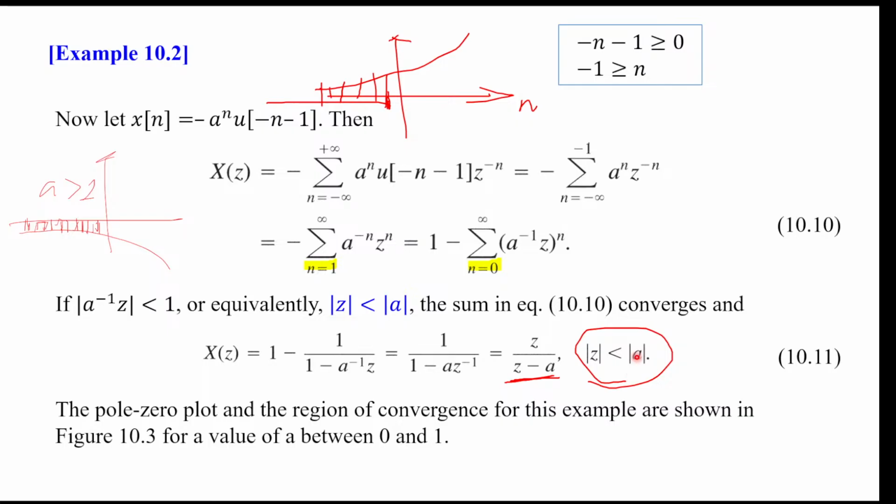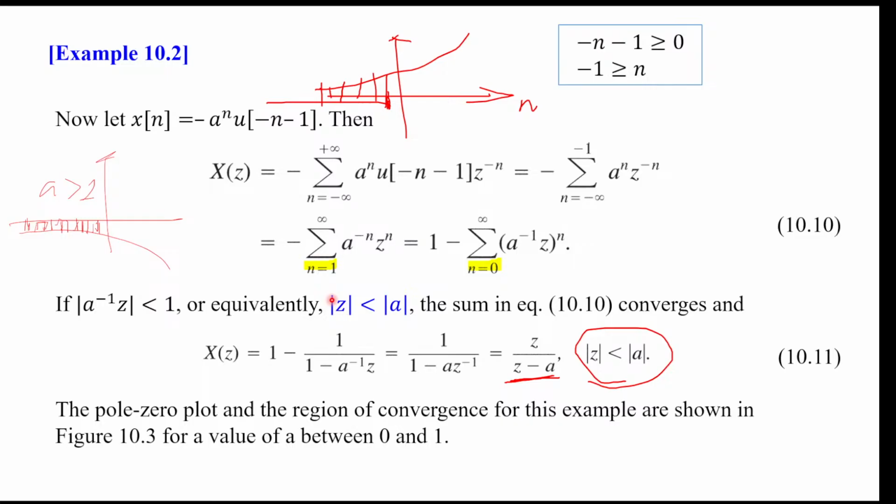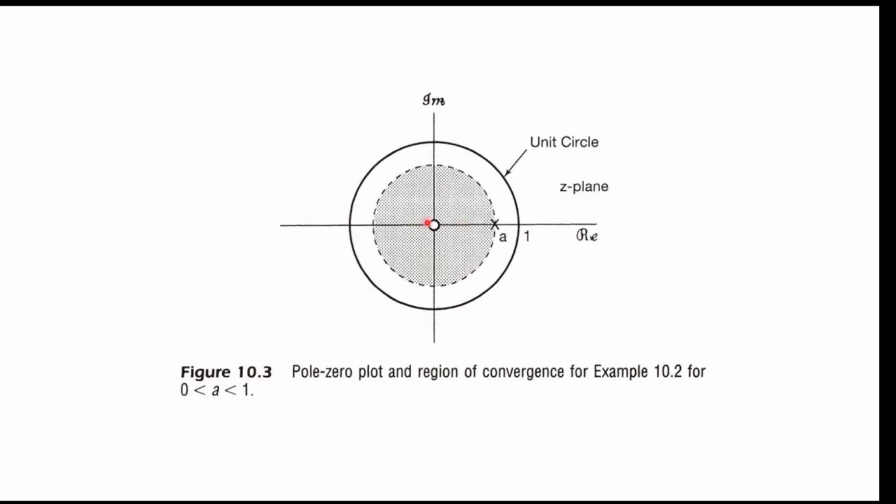Okay, so this is in parallel to what we have in chapter 9, where we get two different time domain functions that z-transform to the same algebraic expression, but they have two different ROCs. So now the ROC looks like this, and the pole and zero are the same. We have a zero at z equal to 0 and a pole at a.